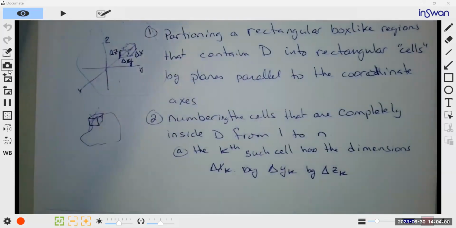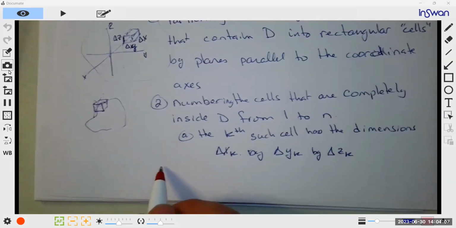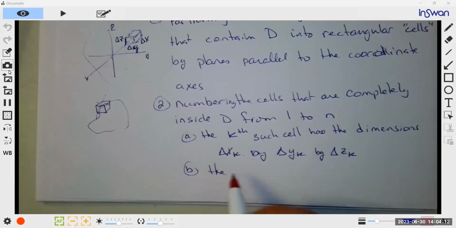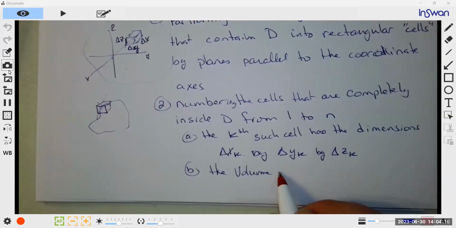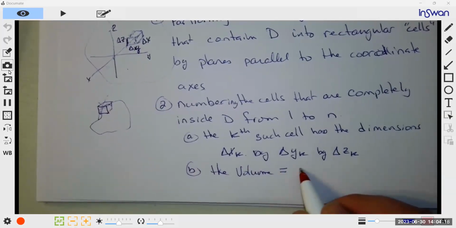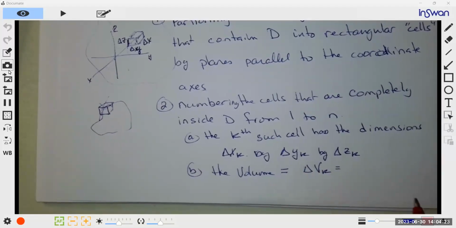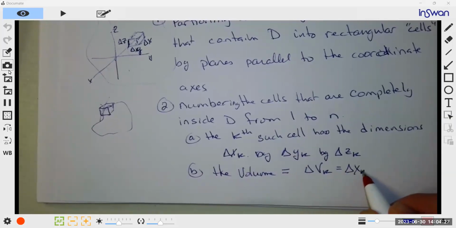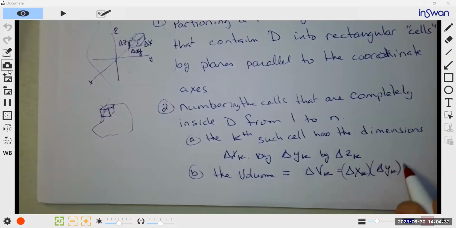Remember, it's a cube, so it's going to have 3 dimensions. Where the volume will be defined as the change of the volume, because it changes however many more x's we have, those deltas we have. We multiply each one of those.